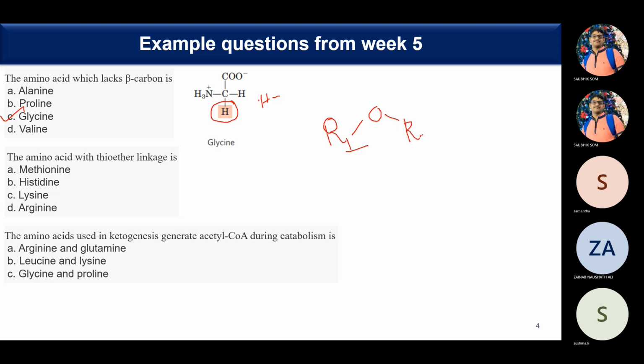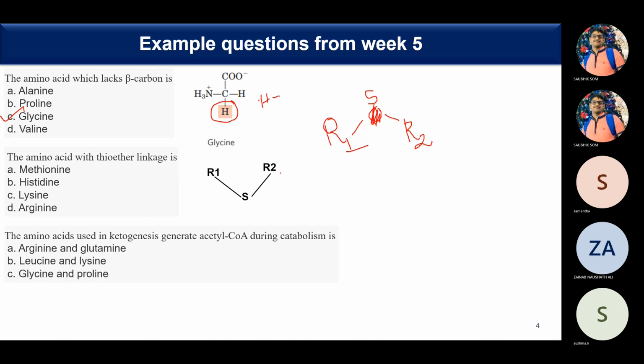This is the ether linkage. Now, what is a thioether linkage? In the case of ether, we have oxygen here. In the case of thioether, instead of this oxygen, we have an S, correct? So this is the thioether linkage: we have an S, with one R group on one side and another R group on the other side.